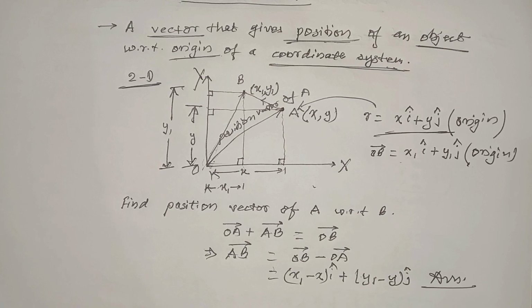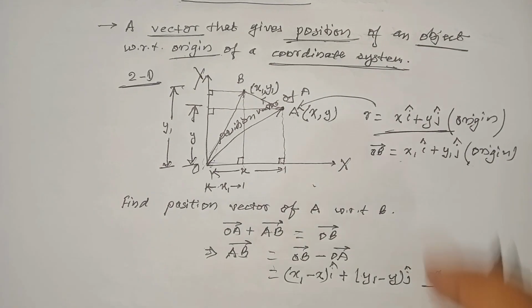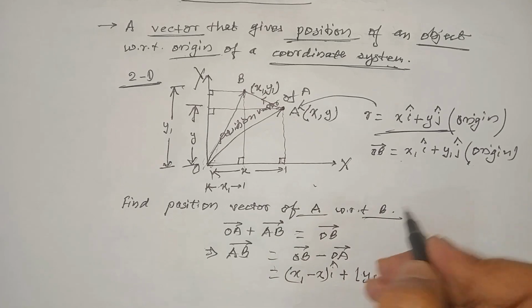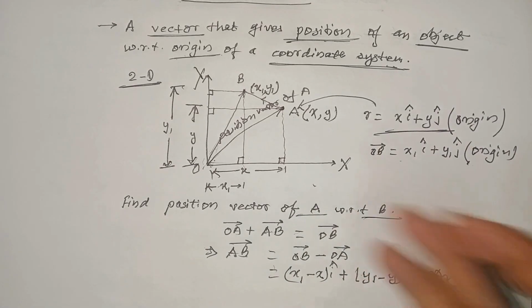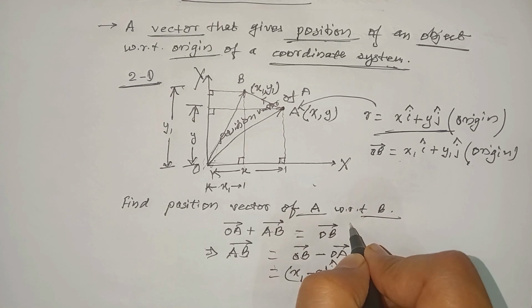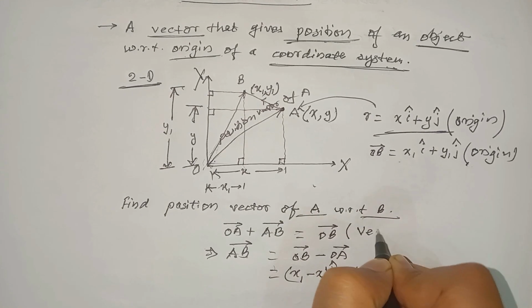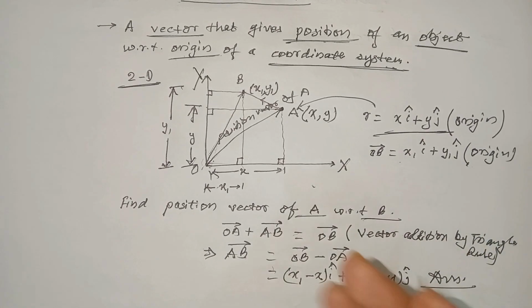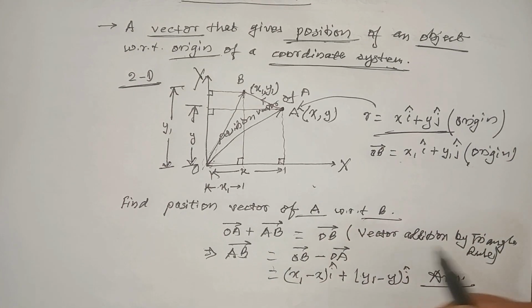This is simply calculation and nothing else. So we got the position vector of A with respect to point B. Here B is not at the origin, so we can find it in this way, by vector addition by the triangle rule. There are two rules, triangle and parallelogram rule. This is by triangle rule.